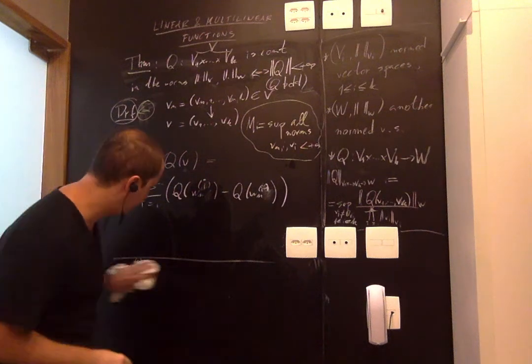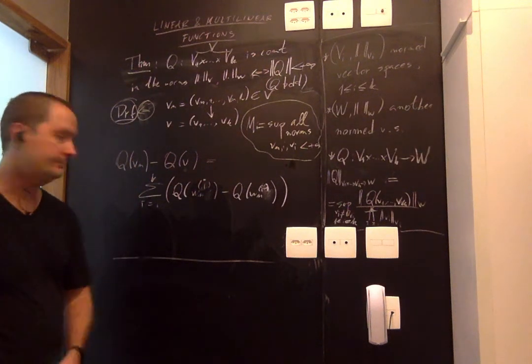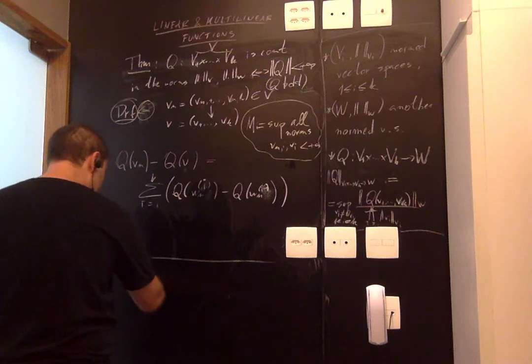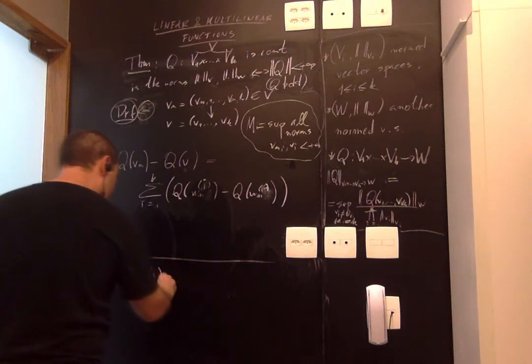Right, so let me rewrite this. I'm going to define W_n^i in the following fashion.